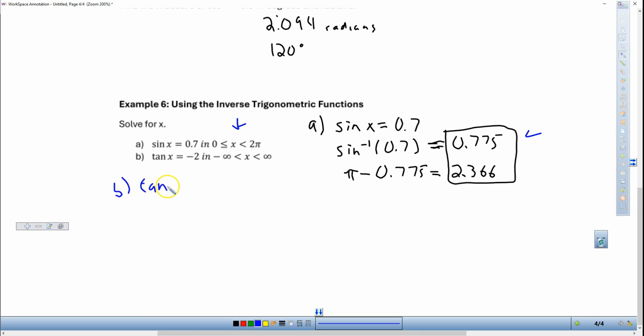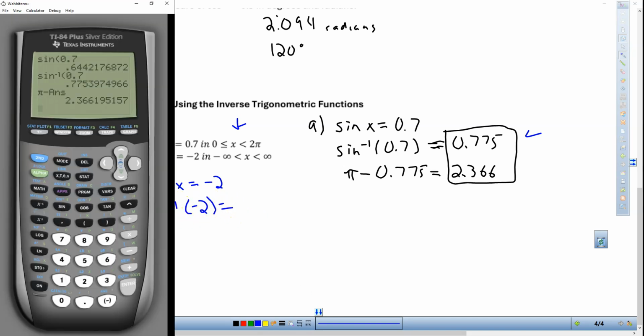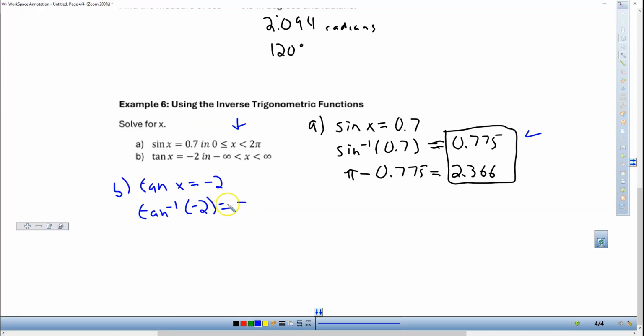So here I have the tangent of x is equal to negative 2. Now, just like before, we can set this up by saying, what is the inverse tangent of negative 2? And again, I'm going to grab my calculator, and let's do an inverse tangent, and let's do negative 2. And I got the value of negative 1.107. Again, another approximation here.